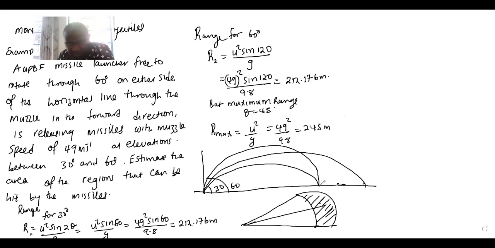It can hit between this space and the maximum range of the missile. Let me call this R1, and this R3, which goes as far as where the maximum range can be attained.